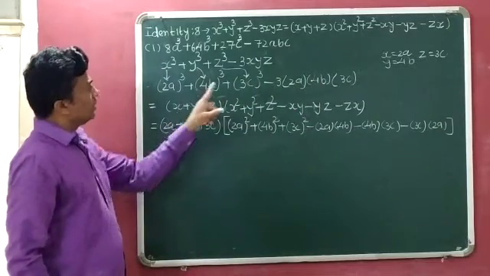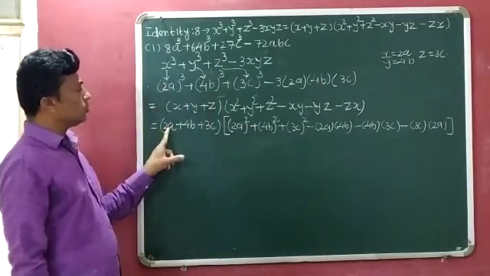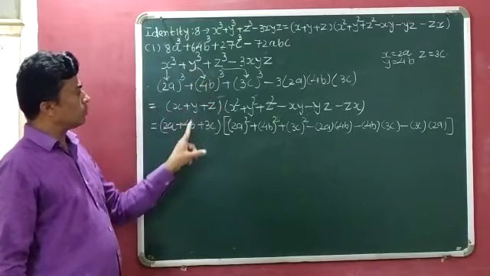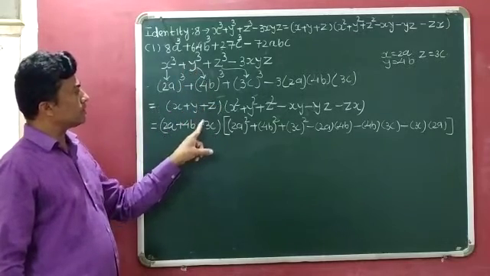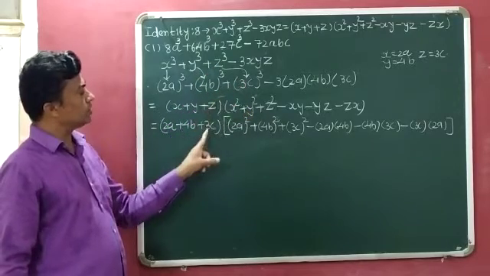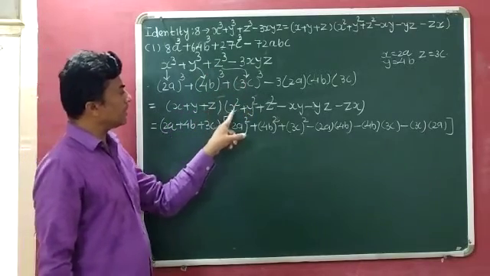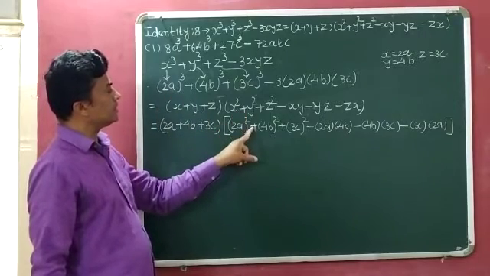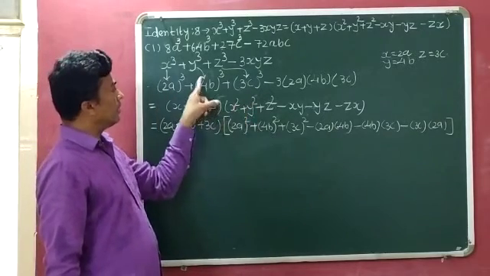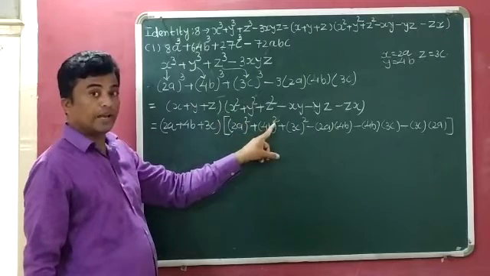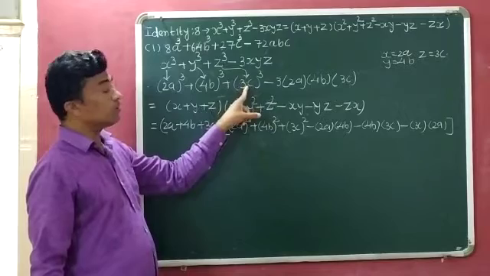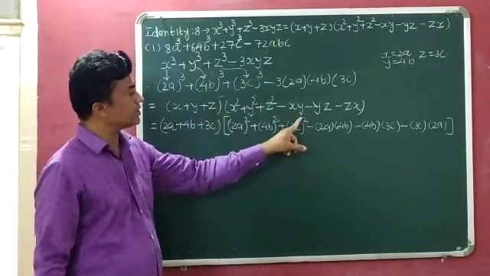So see here, x is equal to 2a, so 2a plus y is equal to 4b, so 4b plus z is equal to 3c, so 3c. In the second bracket, x square. X is equal to 2a, so 2a and its square plus y square. Y is equal to 4b, so 4b and its square plus z square. Z is equal to 3c, so 3c and its square.